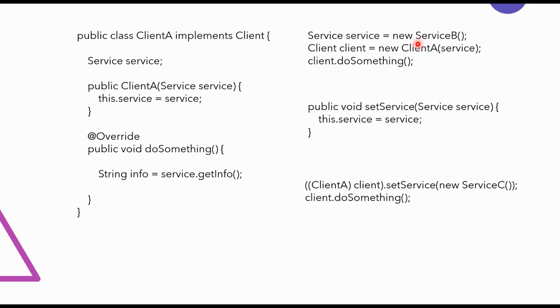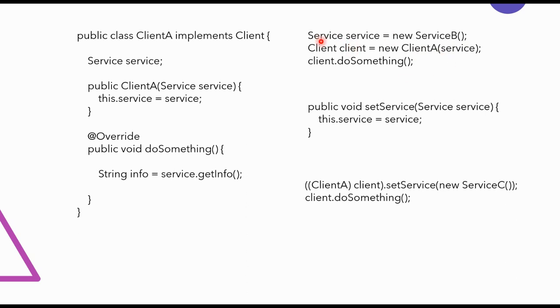So for example, here service equals new Service B, client equals new Client A with service, and client dot do something. The implementation of service, Service B, is created and passed to Client A, which is not aware of the actual implementation it is using.